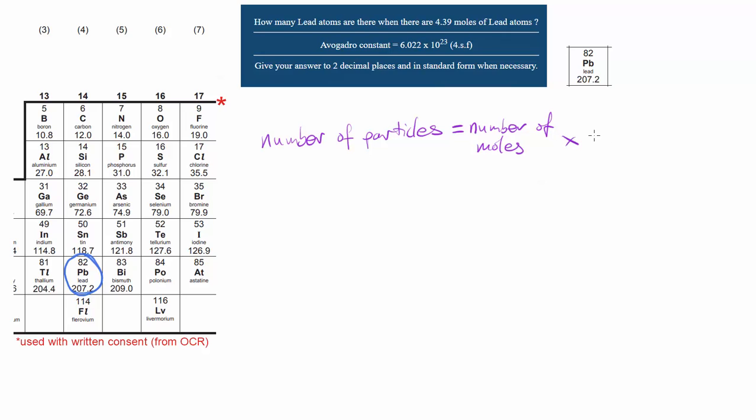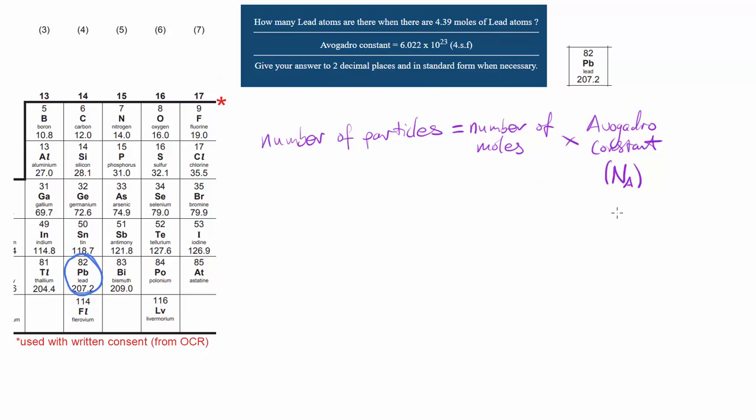In long form, that's the Avogadro constant, but in short form, that would be capital N, subscript A.